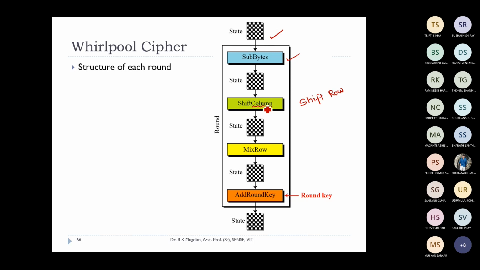After that, they have a mixing of rows, whereas in AES we had mix column. We also had a detailed discussion on this. Then comes the add round key, a conventional XOR addition similar to AES. Only these two have slight modifications.